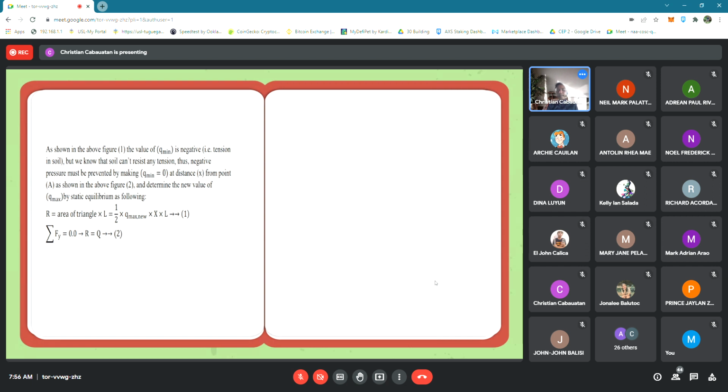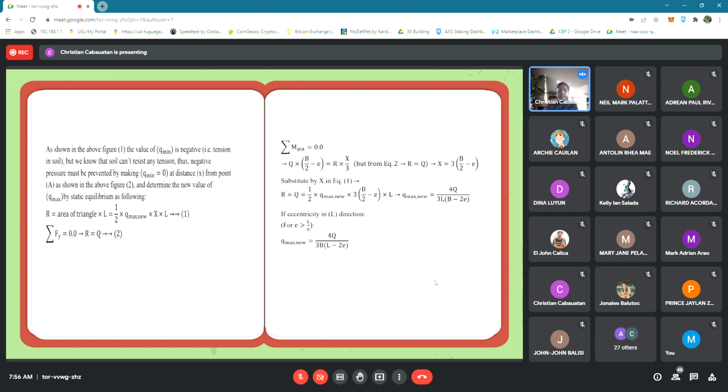So, summation of forces: the reaction is equal to the applied load. By using moment, summation of moments at A is equal to 0. So, Q times B over 2 minus e is equal to the reaction times 1/3 of the given distance, because it is a triangular distribution.